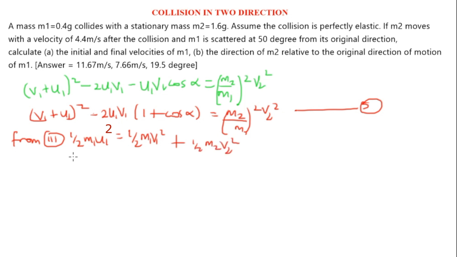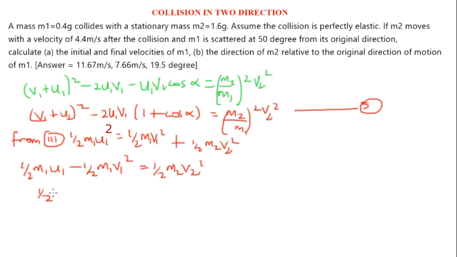So I can bring m1 v1 squared to the other side, so that I will have m1 u1 squared minus m1 v1 squared, which will be equal to half m2 v2 squared.